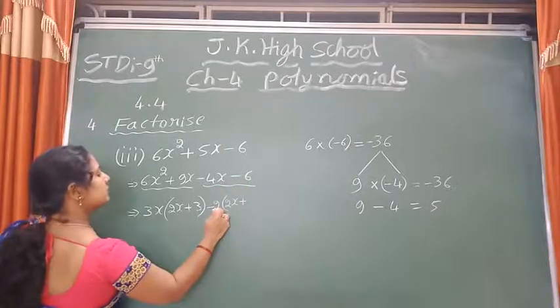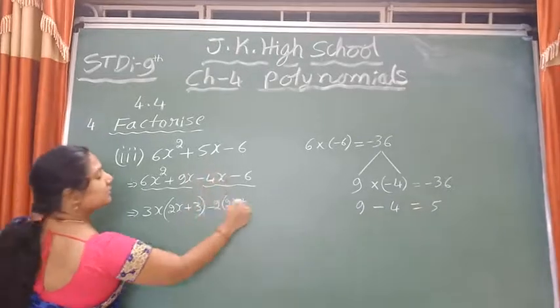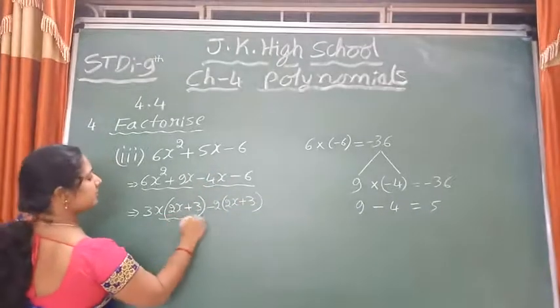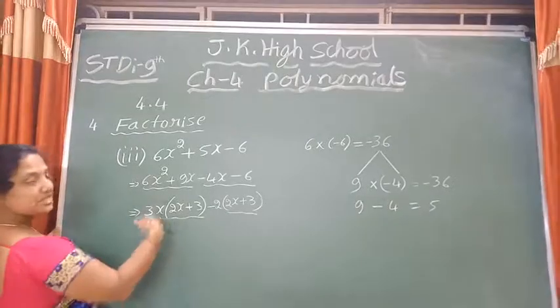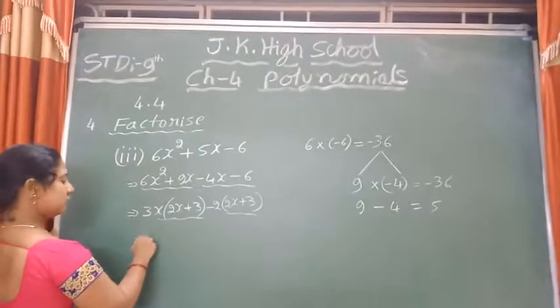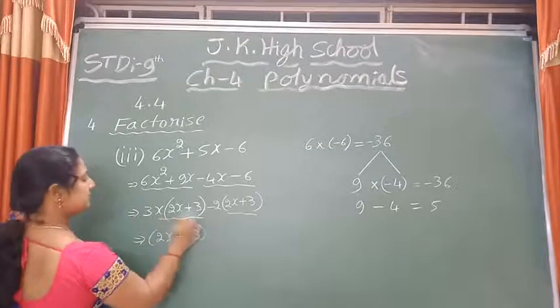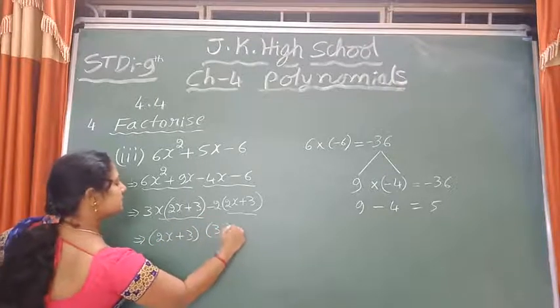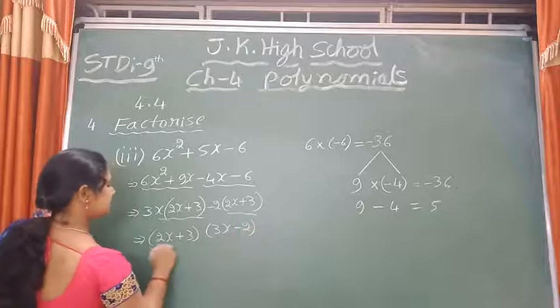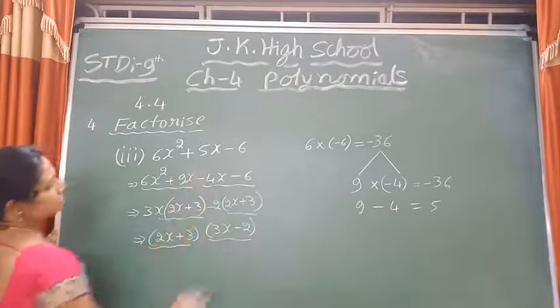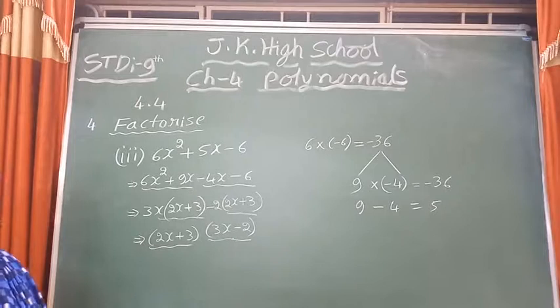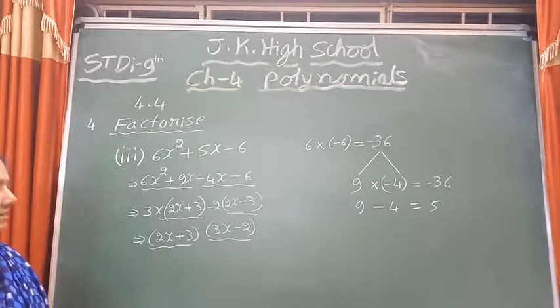So minus already you have taken common means the sign changes. 2 3s are 6. See now here 2x plus 3, here also 2x plus 3. Take 2x plus 3 as common once again. Then the remaining terms become 3x minus 2. So children, these two are the factors of the given expression. Okay children, write down.